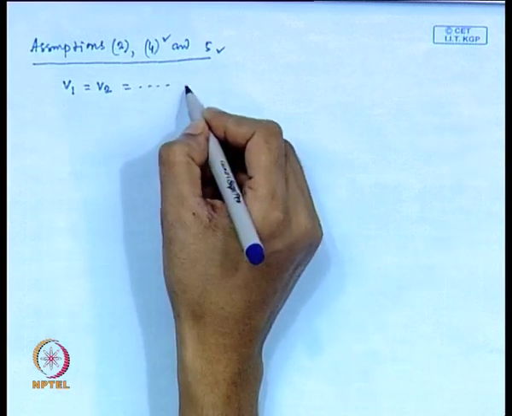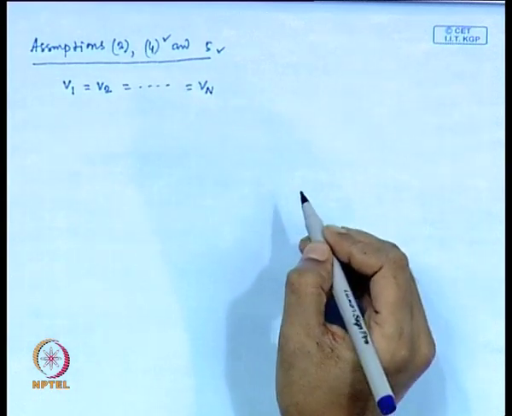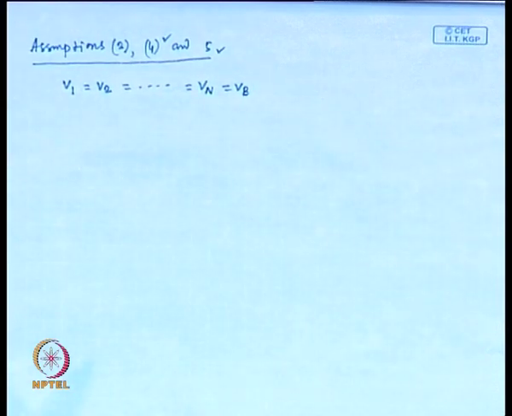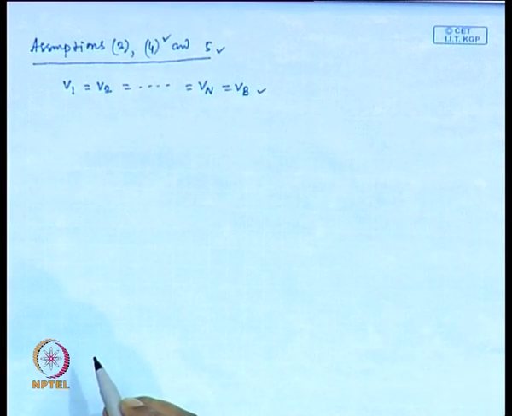Like this, the vapor leaving the nth stage equals V B. So, based on assumptions 2, 4 and 5, we can write that all the vapor flow rates throughout the column are identical. It means V 1 equals V 2 equals V n, finally V B, fine.